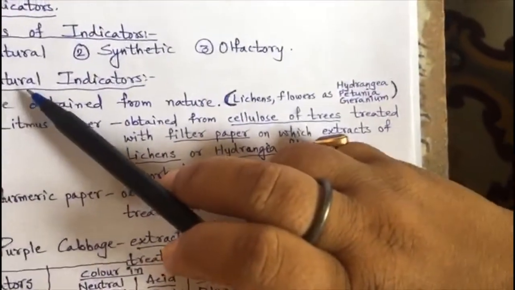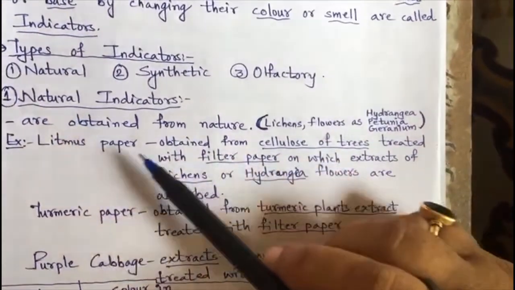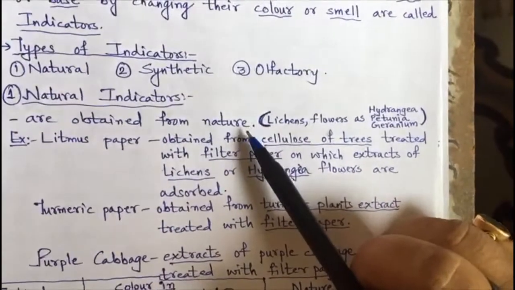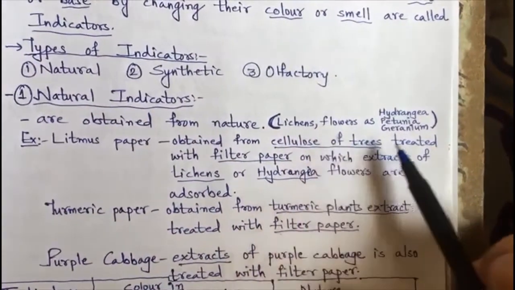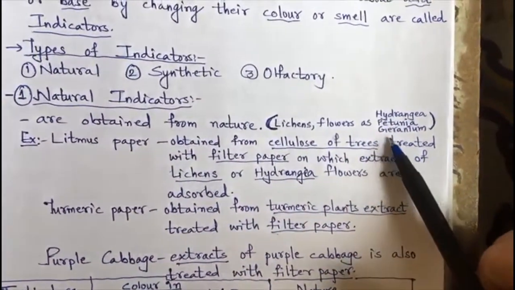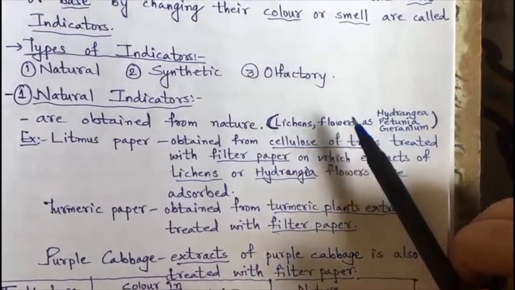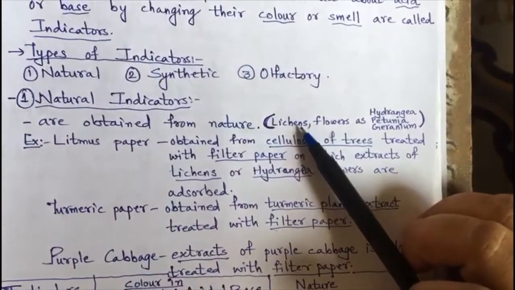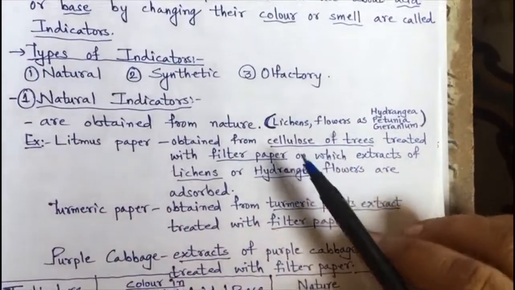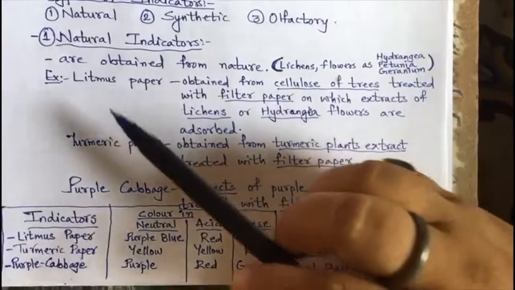The word itself gives us the idea that they are obtained from nature. Lichens, flowers such as hydrangea, petunia, geranium. These are all natural flowers and natural plant products. From their extracts, the natural indicators are made.